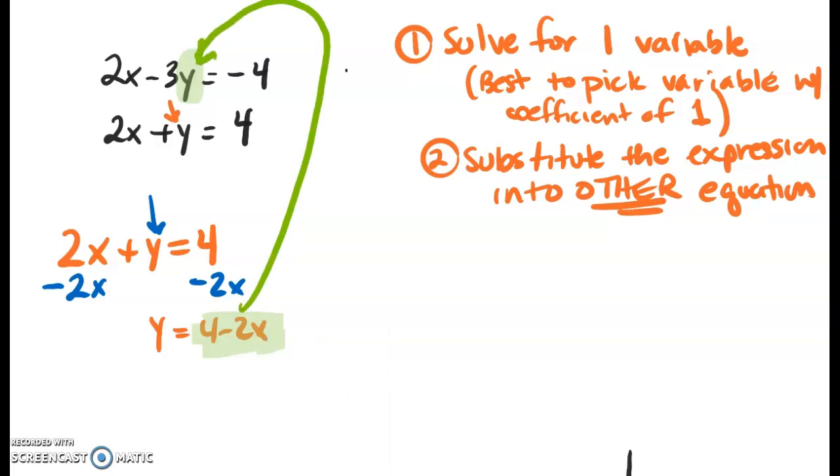So let's write it over here. I'm going to say 2x minus 3y is equal to -4. But in place of y, I'm going to put 4 minus 2x.